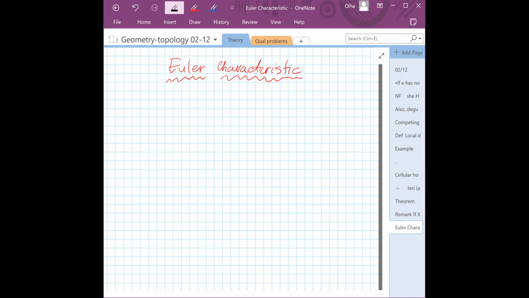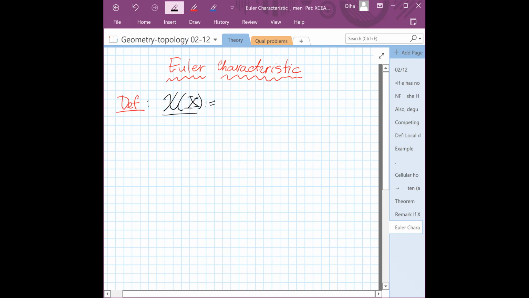For a CW complex X, we define the Euler characteristic of X to be the alternating sum of the number of n cells.